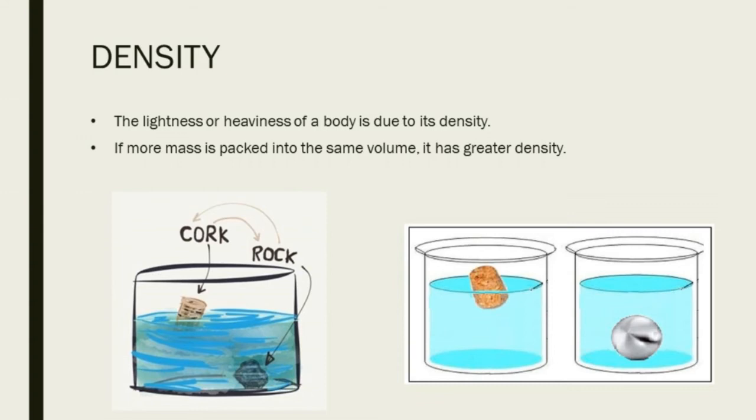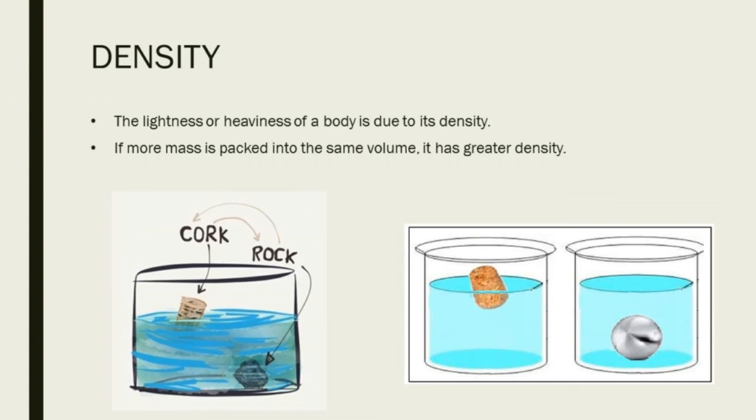Also, we observe that the wooden block is lighter than the iron block of the same size. Take an iron ball and a wooden block of the same size. Weigh them and measure their mass. Which one of them has more mass? Yes, the iron ball will have more mass than the wooden block of the same size.